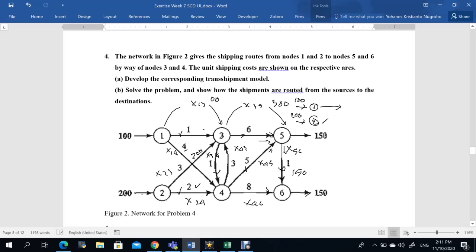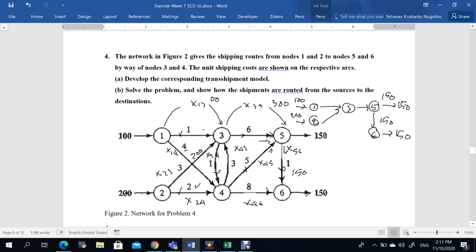Both distribute to 3, and then from 3 to 5, and then 5 to 6, and the demand for 5 itself is 150, and 6 is 150.